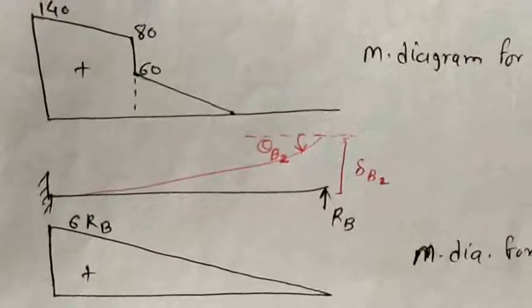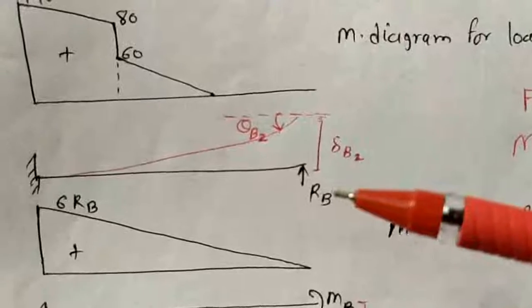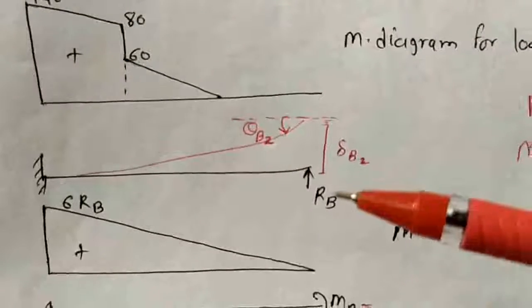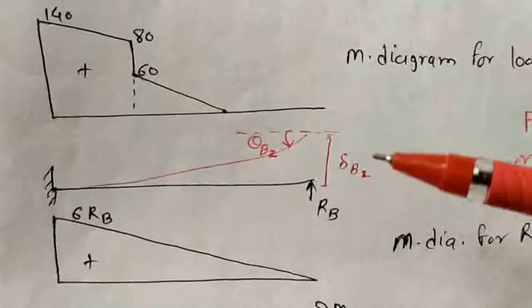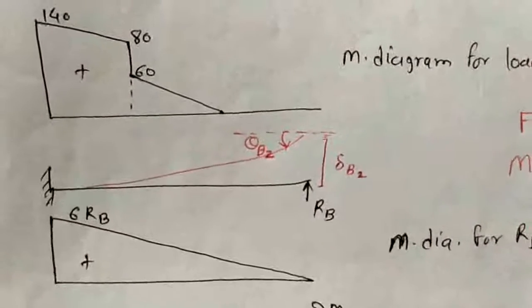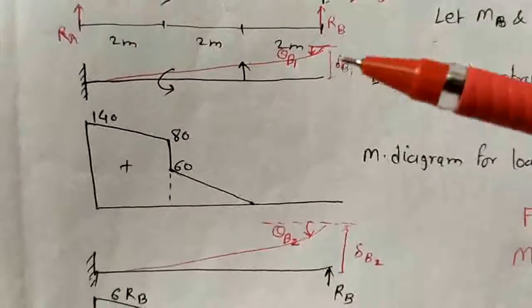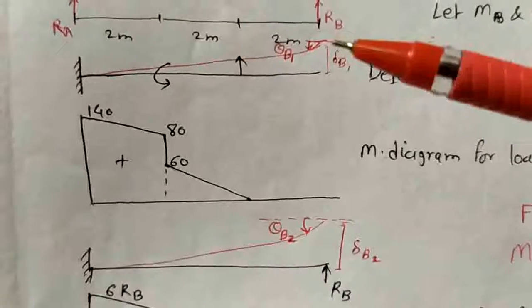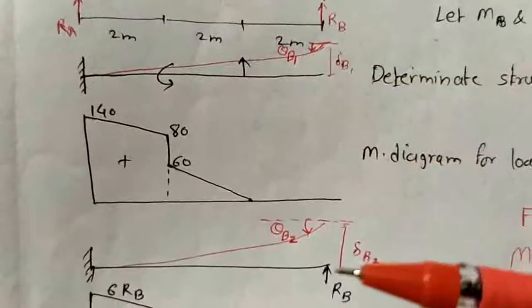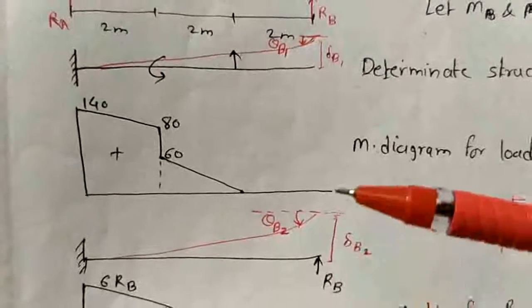So now consider the first unknown, that is the reaction RB. Because of the application of RB, we are getting the upward displacement. So delta B2 we will take as positive. Now here, because of loading, we are getting displacement in the upward direction, that is in the direction of the unknown. The unknown is the reaction RB, and because of the application of RB we are getting upward displacement.